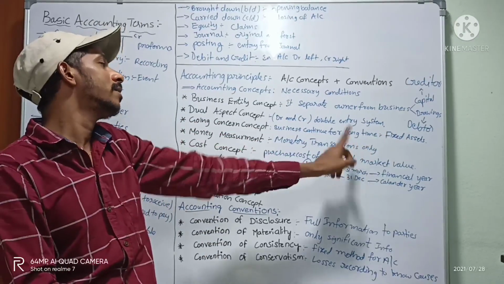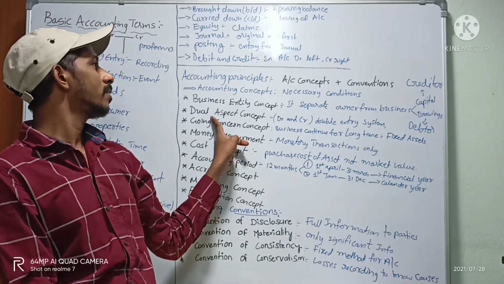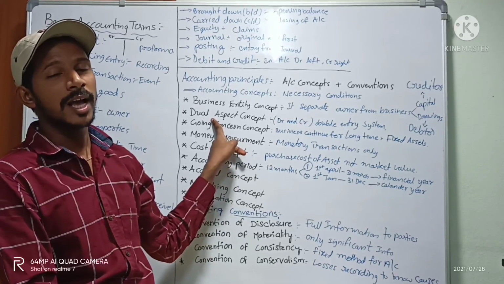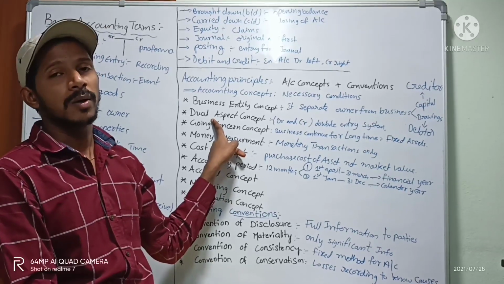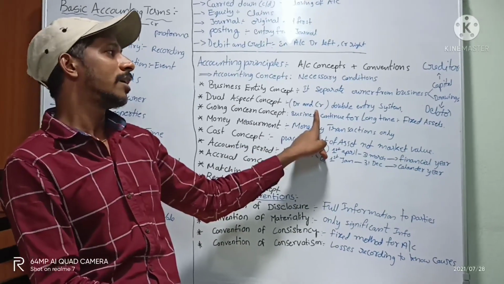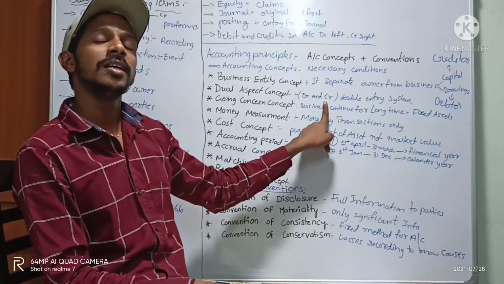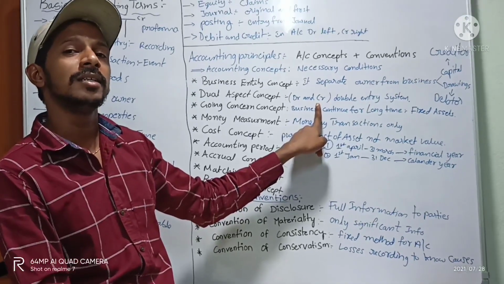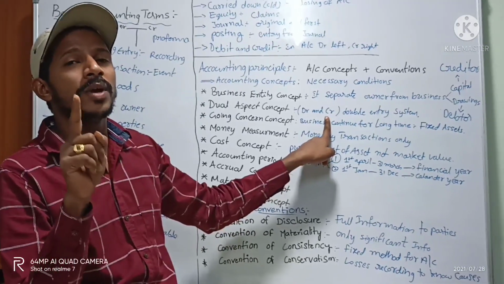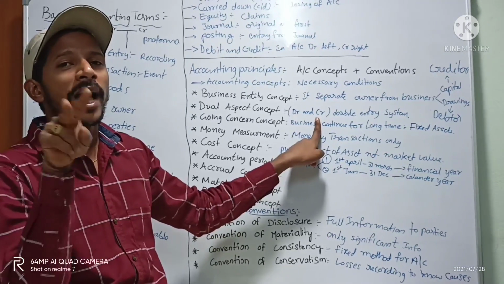And next, second one, we are going to see the dual aspect concept. Dual aspect concept means it is a double entry system, which contains debit and credit. For one transaction we have to record two aspects.